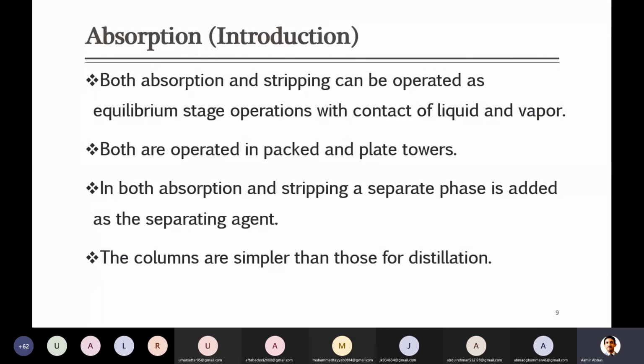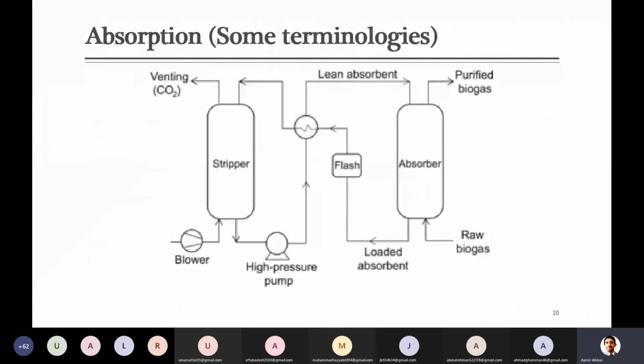Reversible means we can regenerate the liquid, get rid of the species absorbed inside it, and bring it back to the absorption column to recycle or reuse it. Here is one example in which the absorber and stripper are shown together, because these two operations go in parallel.